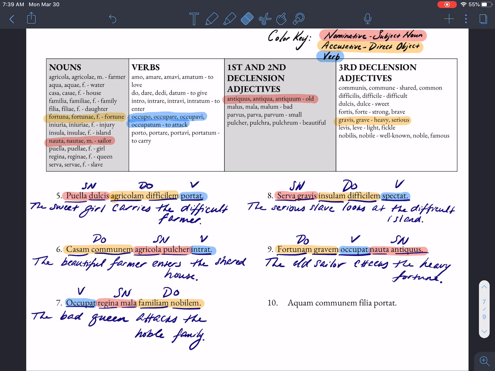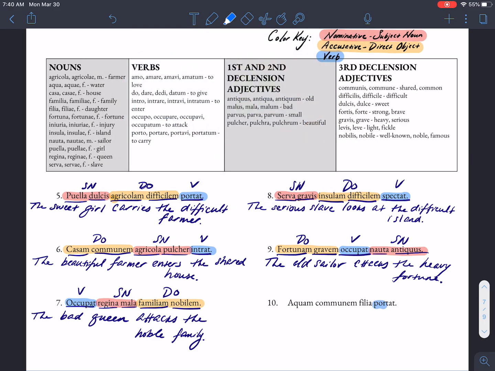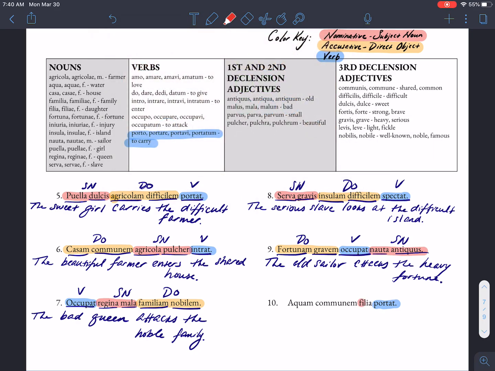Okay, so finally number 10. Aquam communem filia portat. Alright, so first things first, let's find our verb, and that's here at the end, coming from porto, portare, to carry. Now, our subject, our nominative, is going to be filia.